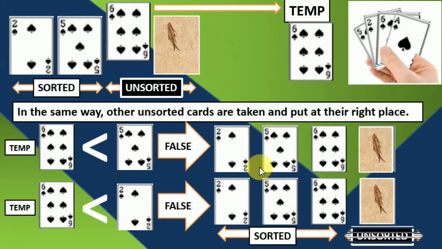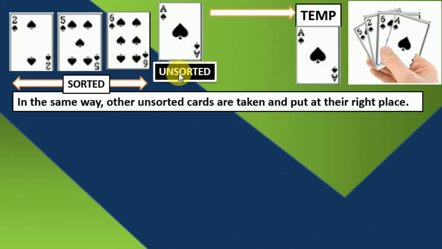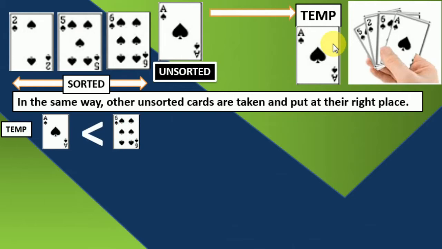Now how many cards do we have? We have 3 sorted cards and 1 unsorted. What is that unsorted card? Ace, that is 1. Again the same process: it goes inside temp. First, this ace is checked with 6. Is 1 less than 6?